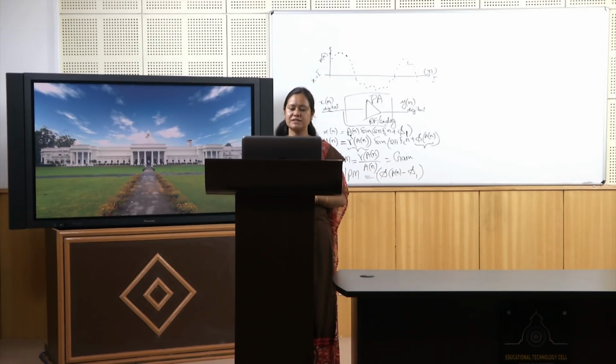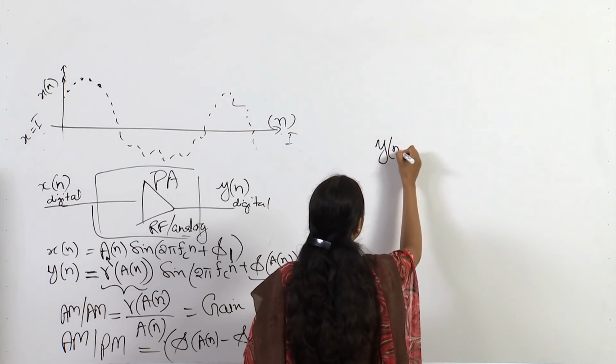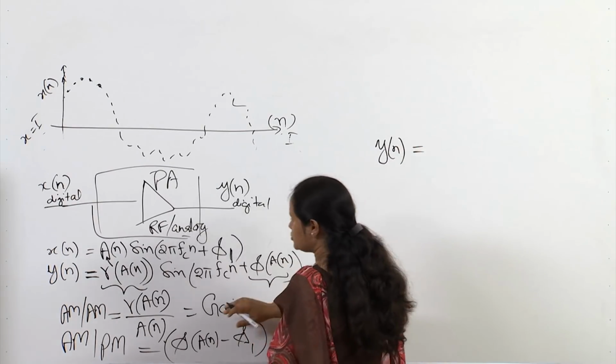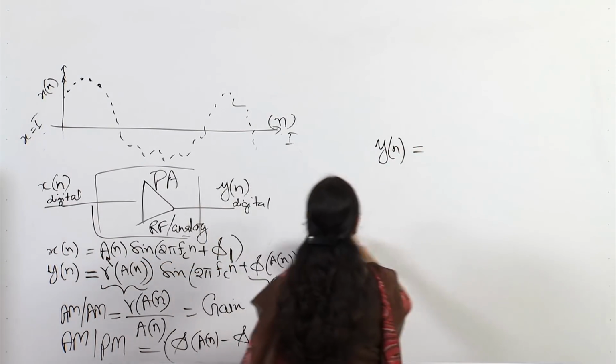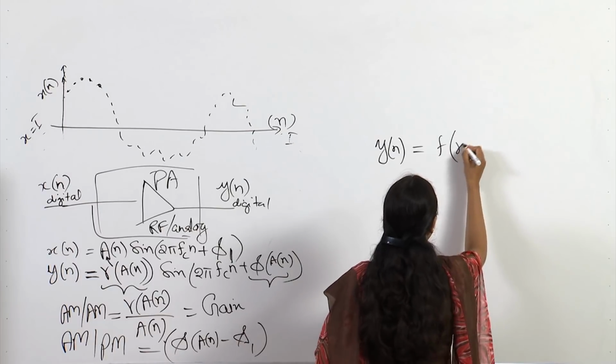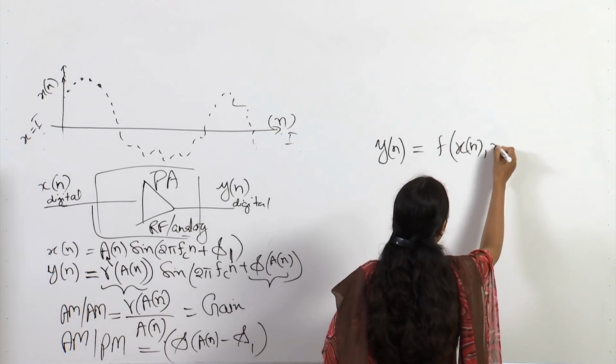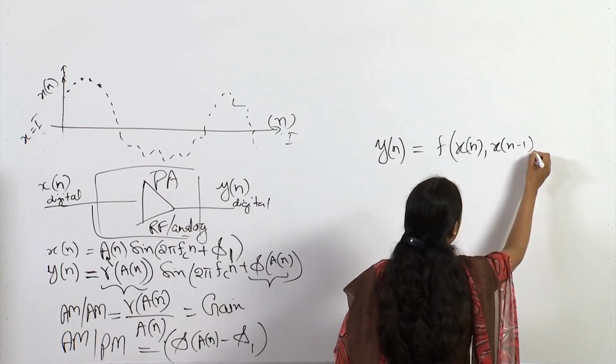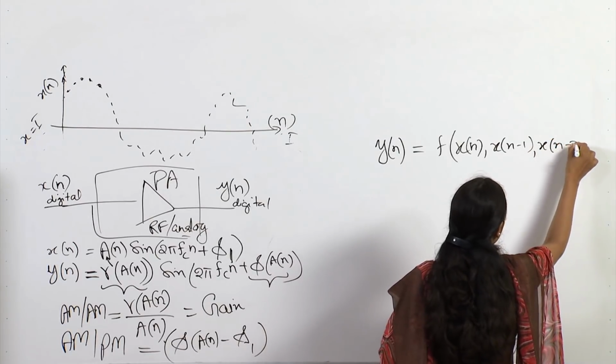When that happens, the output signal is not only a function of the input signal, but the dissipated signal from the previous cycle is also getting mixed. So, Yn, which we are giving as a function of Xn, is not exactly a function of Xn alone, it is a function of Xn, Xn minus 1, Xn minus 2 and so on.